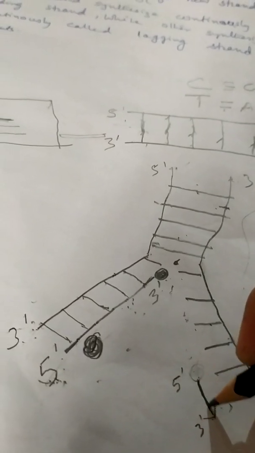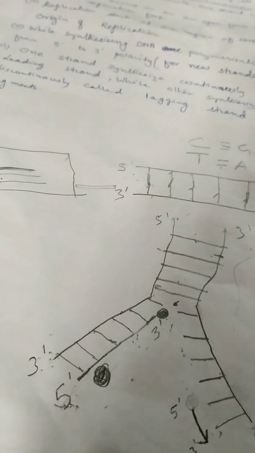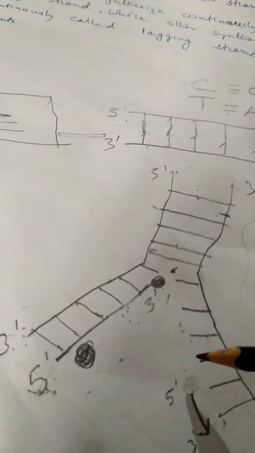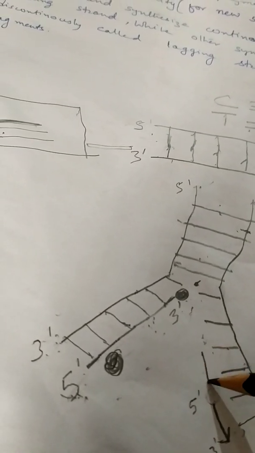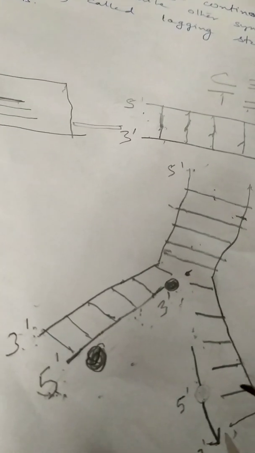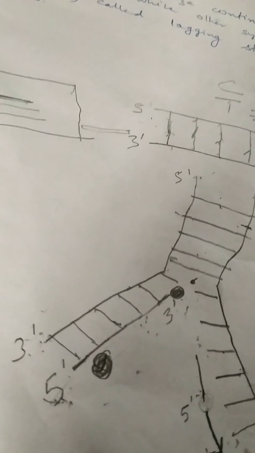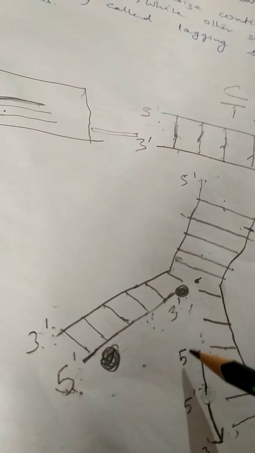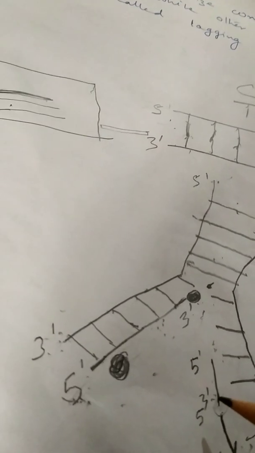This is one fragment. Another fragment will come from the cell. That means one deoxyribonucleotide will come and it will polymerize in this way. Another fragment will come. Here the polarity of this fragment is 5' on this side and 3' on this side. Okay, another fragment is formed.